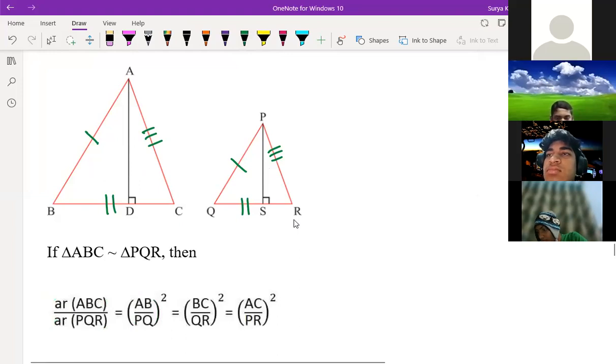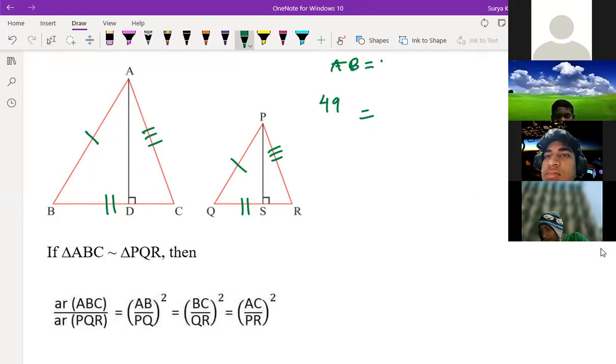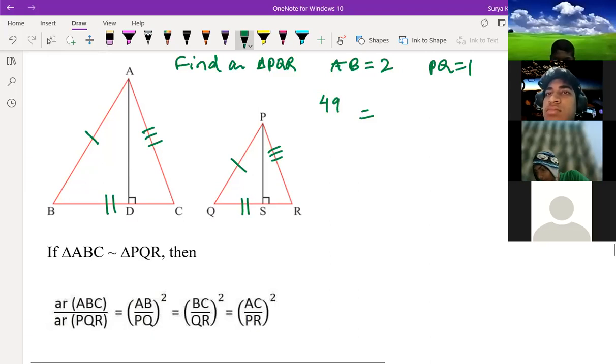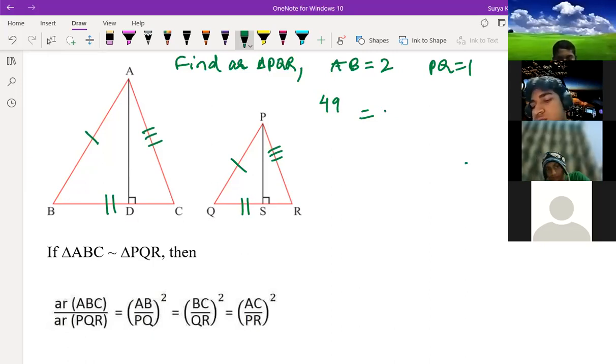So in the exam, they'll ask that area of triangle ABC is 49, and your side AB is equal to 2, and PQ is equal to 1. They'll ask to find the area of triangle PQR, in which AB is equal to 2 and PQ is equal to 1 are given.